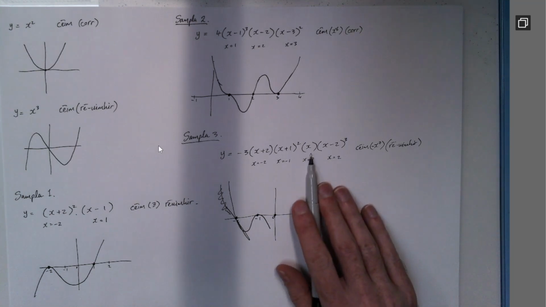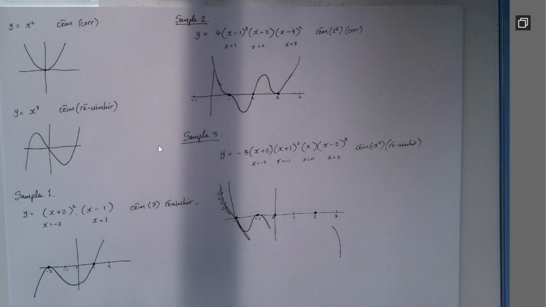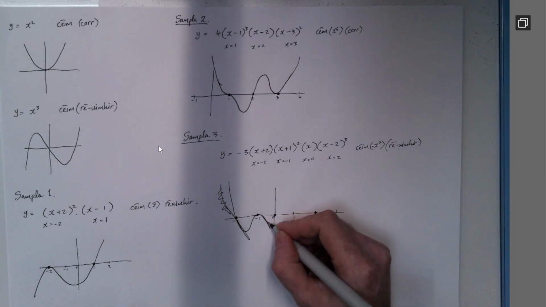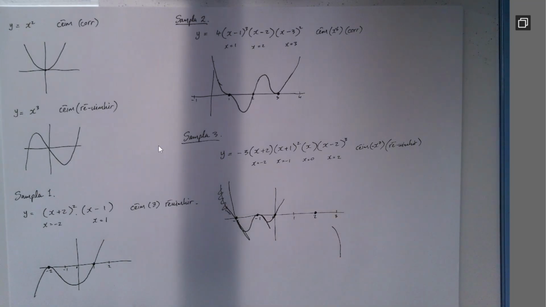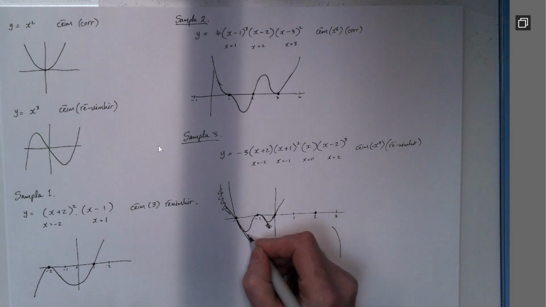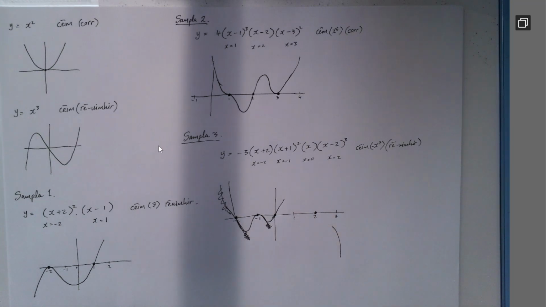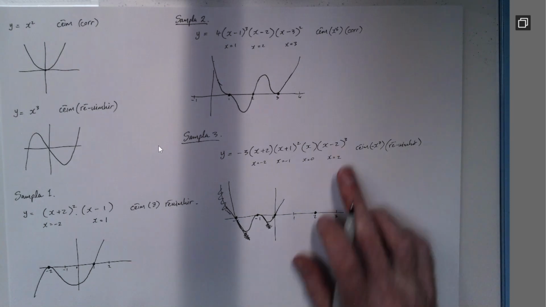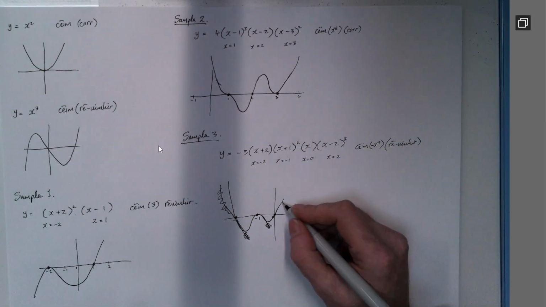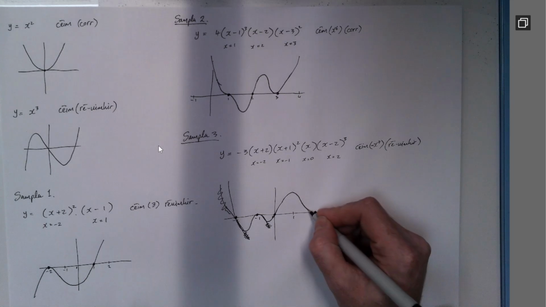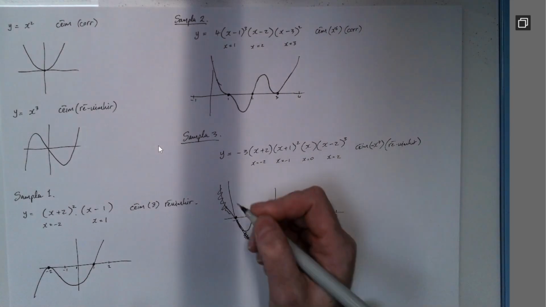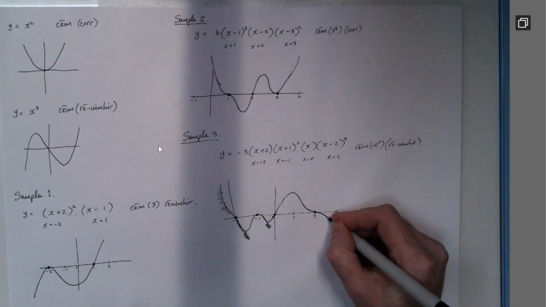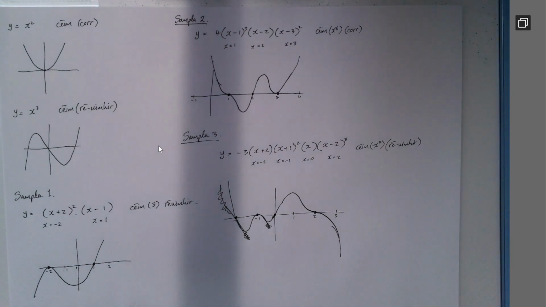Next, power of 1, so the factor is single, so we go straight through. Now, the last one is cubed, so we curve in and we curve out. And there you have your graph.